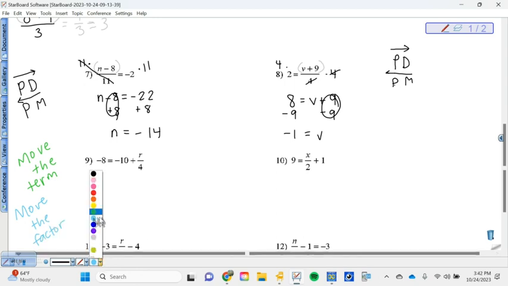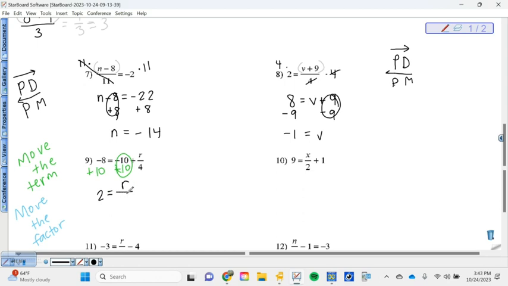What's the inverse of negative 10? Positive 10. Even though I'm adding, I still need to add 10 there because that's what's going to get me to 0. If I subtract 10, that gives me a negative 20, and that doesn't help. So I need to add 10 to both sides. So I've got 2 equals r.